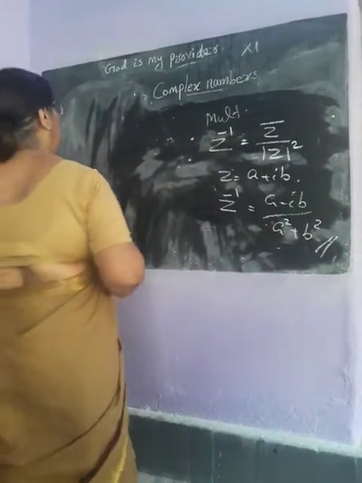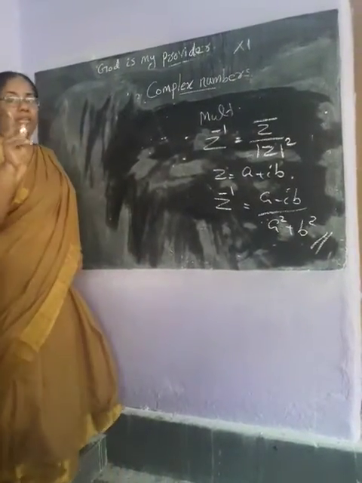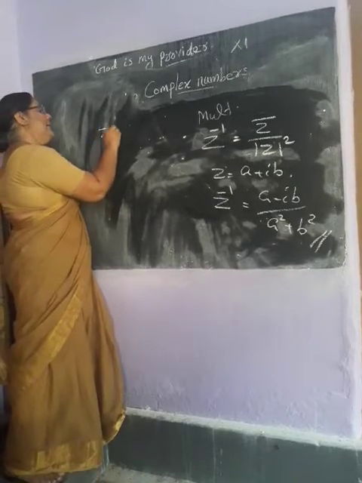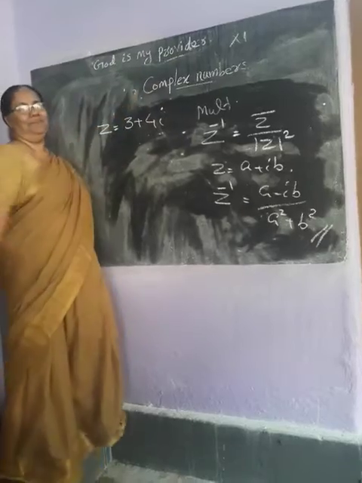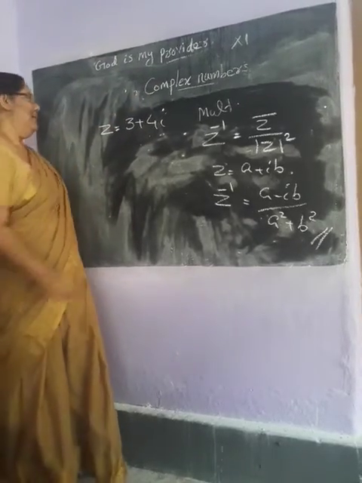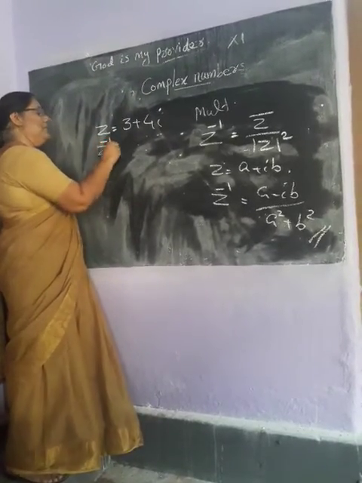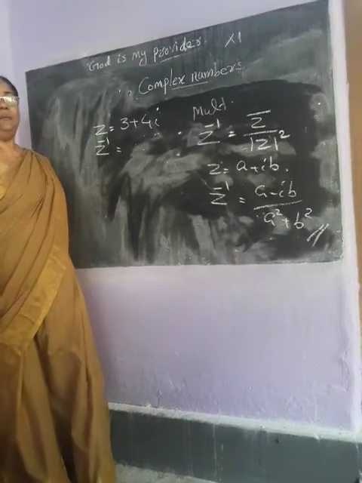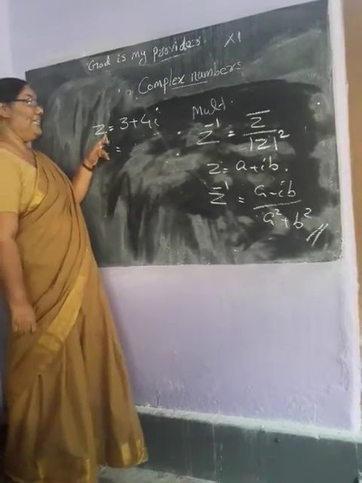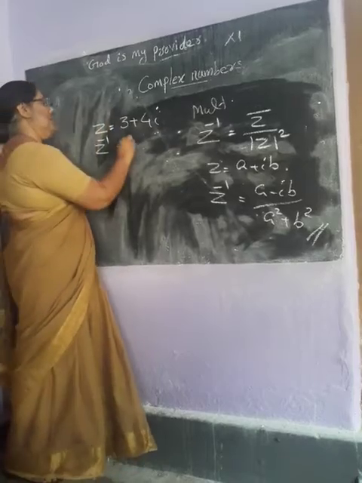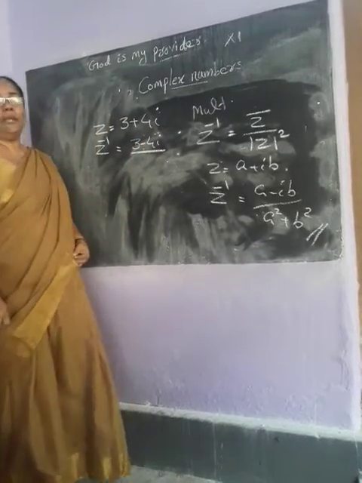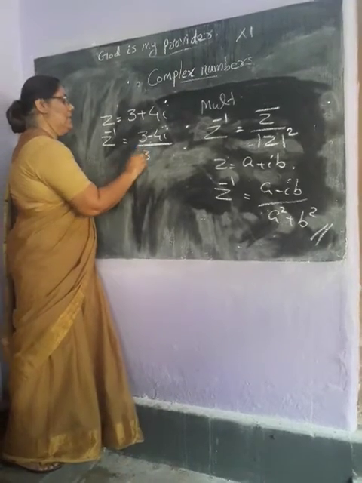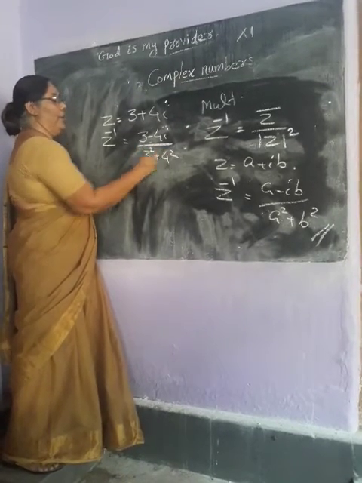Write one question. Find the multiplicative inverse of z equal to 3 plus 4i. Then what is the answer? Z inverse, z to the power minus 1, the multiplicative inverse. Take the conjugate of the number. 3 minus 4i by a square plus b square, means 3 square plus 4 square.